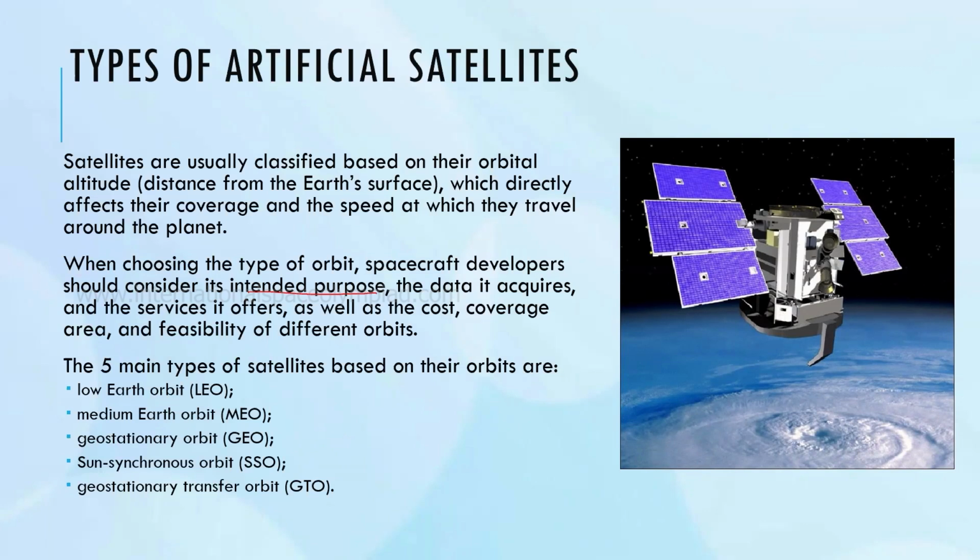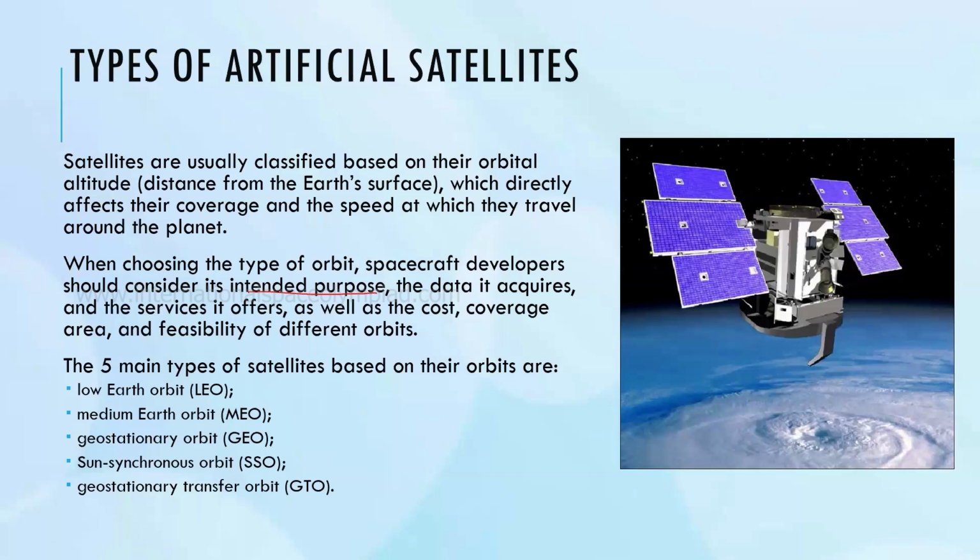There are communication satellites for communication, maybe for internet or satellite communication. For weather prediction we need weather satellites, and there are many other purposes, like navigation satellites such as GPS or GLONASS.